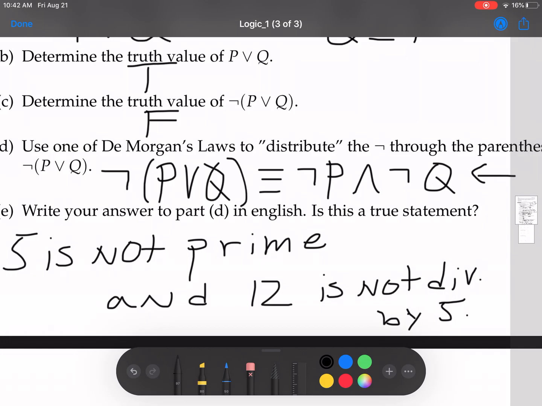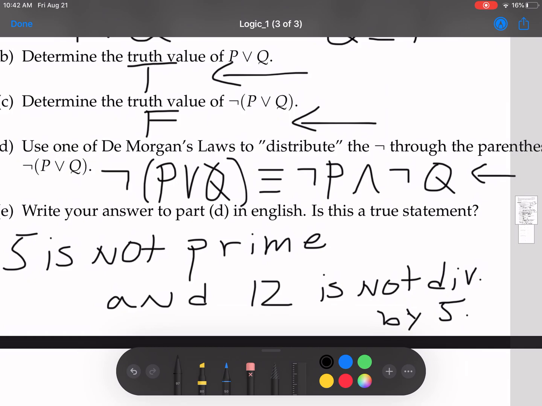We determined that the negation of P or Q is false. How do we know that? Because we knew that P or Q was true, and all mathematical statements are true or false.